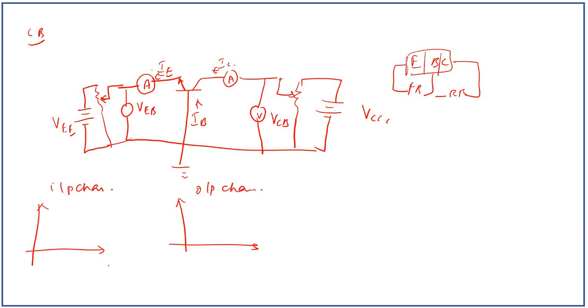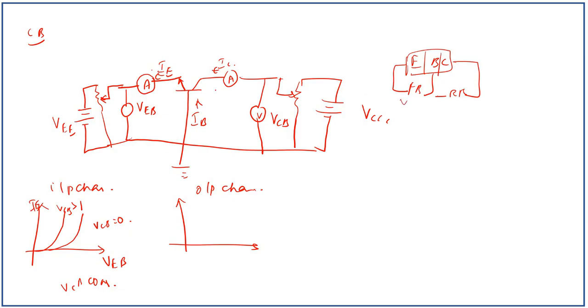Input characteristics are drawn for the input voltage VEB and input current IE, keeping the output voltage VCB constant. For different VCB the curve is drawn. So this is for VCB greater than 1 volt and VCB equal to 0 volt. When VCB equals 0 volt, it is like a PN junction diode in forward bias.